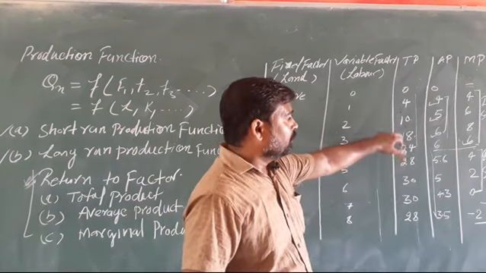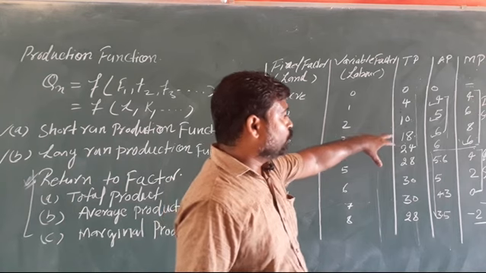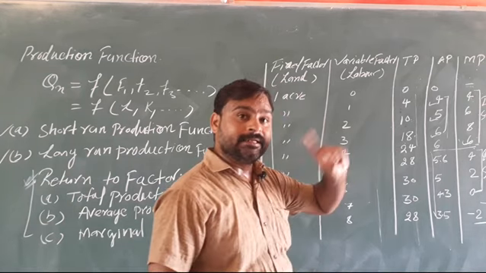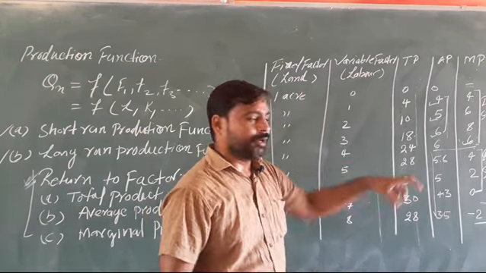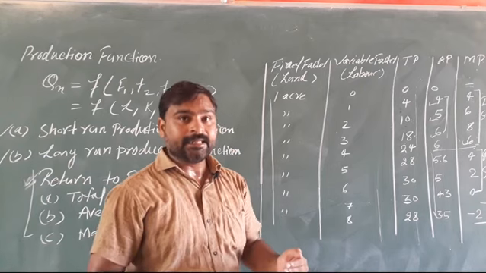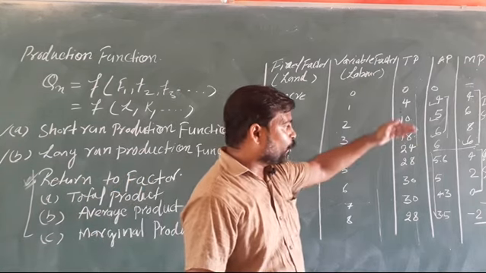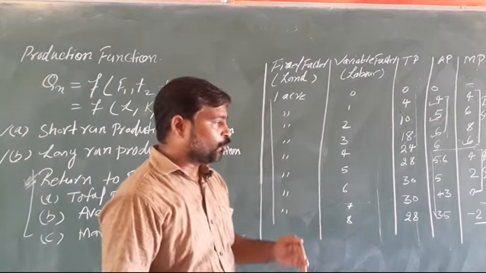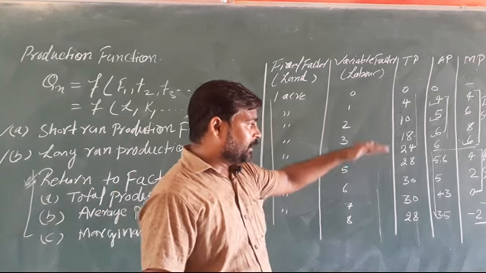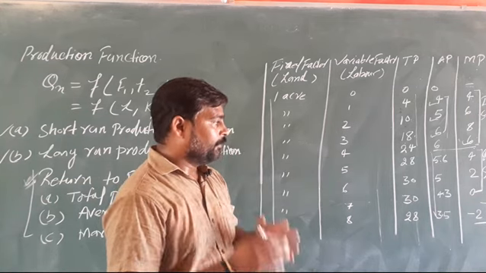Then after 18, the total product is increasing at a decreasing rate. When the total product increases at a decreasing rate, marginal product will decrease.